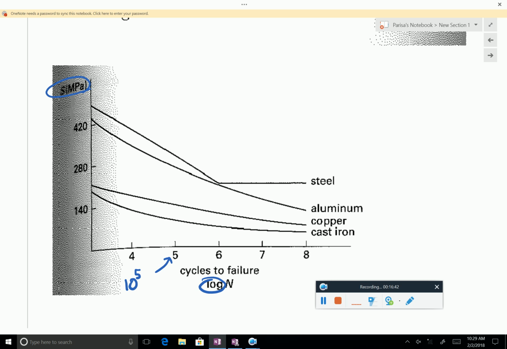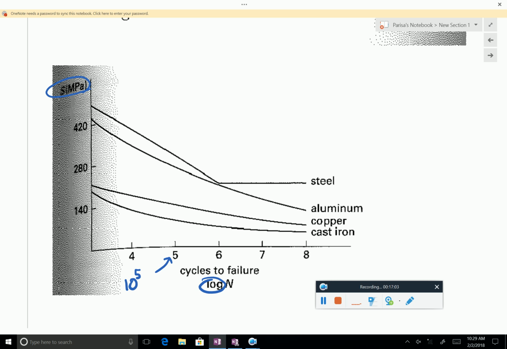So the x-axis is the log of n. The stress is for one cycle.